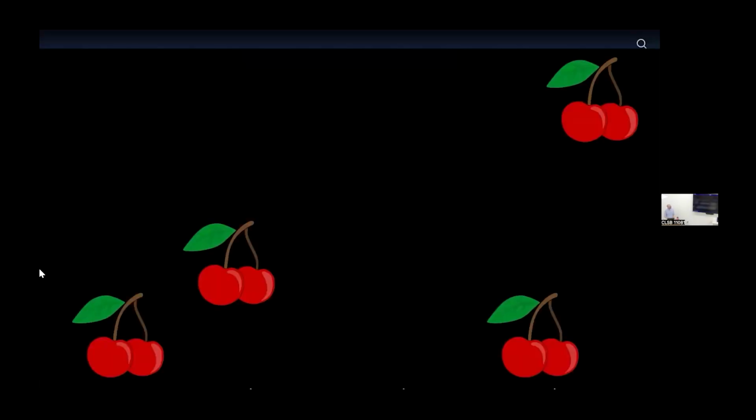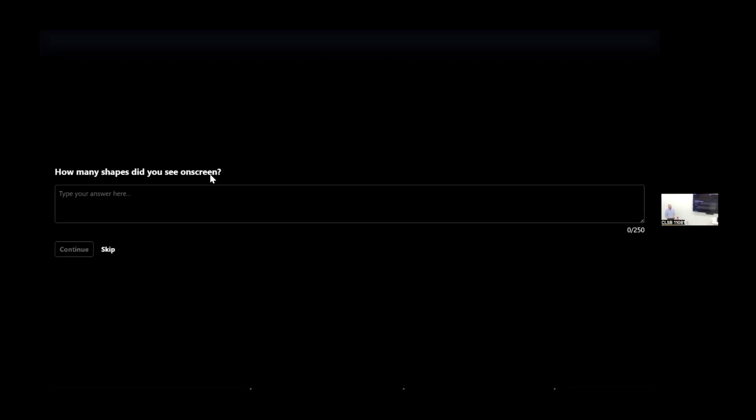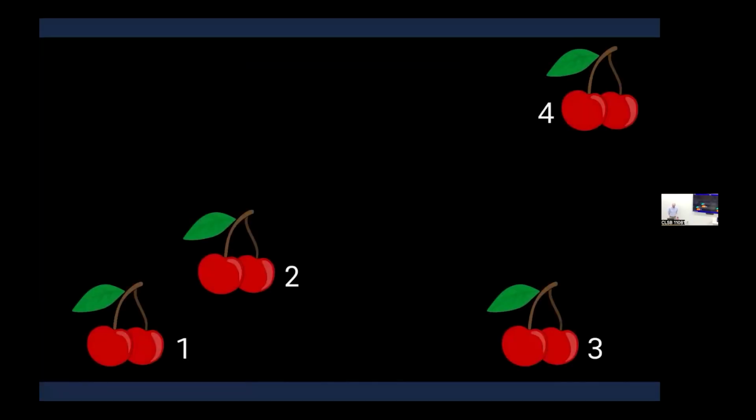Okay, ready? Here we go in 3, 2, 1. Great, now just indicate in the quiz question that pops up how many shapes you think you saw. Just shout out how many shapes. All right, let's show you the answer. Hopefully that one wasn't too tricky. Okay, let's try another set of shapes in 3, 2, 1.